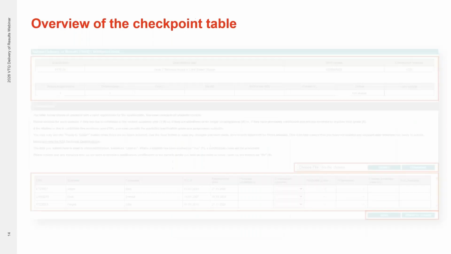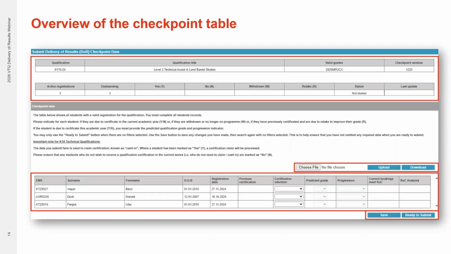Okay, so on this slide, we've got an overview of the checkpoint table. So this is what will pop up on Wallgarden when you search for a specific qualification to input the data. So at the top here in this table, you've got the qualification code, the qualification title, the valid grades, and that's the grades that you're able to input down here under predicted grade.